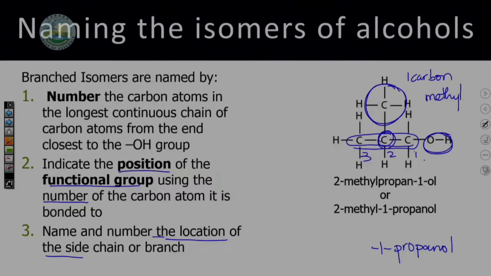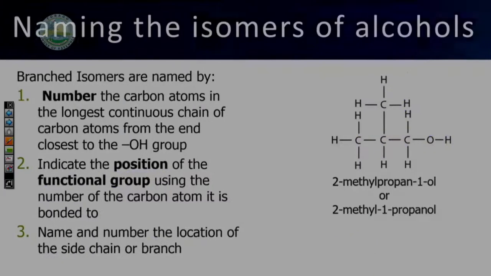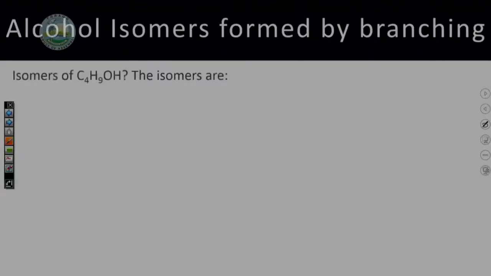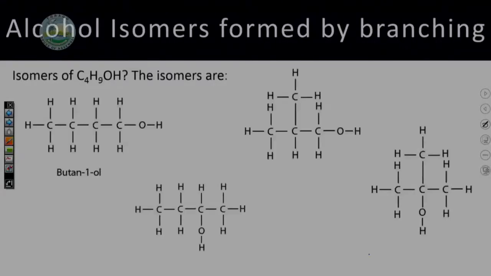Since it's located on the second carbon, we are going to call it 2-methyl. So we have completed the name of the compound, and we call it 2-methyl-1-propanol. All right, and that's the name. Or we can say 2-methyl-propan-1-ol.